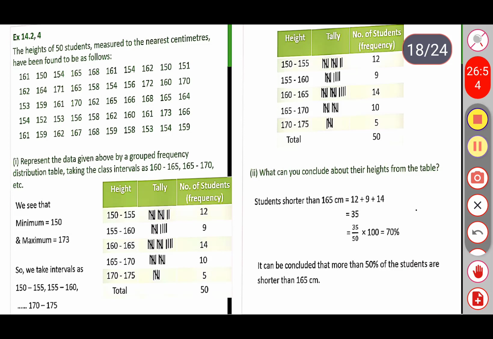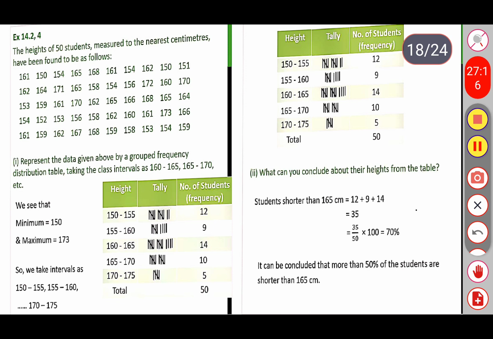Okay, let's see the fourth question of your exercise 14.2. The heights of 50 students, measured to the nearest centimeters, have been found to be as follows. So the heights of 50 students were measured.